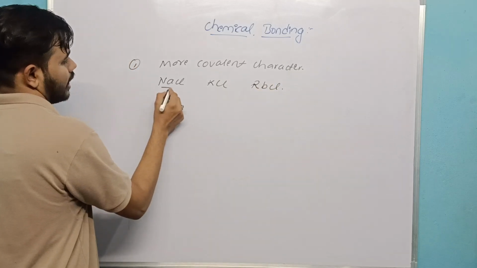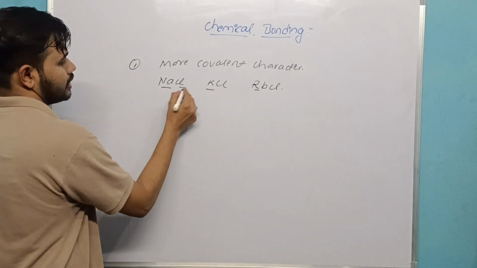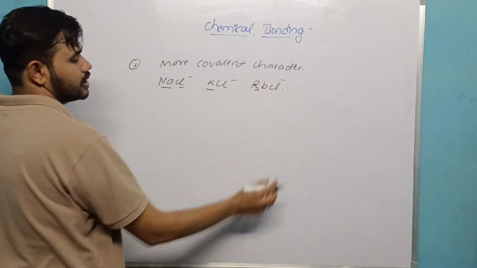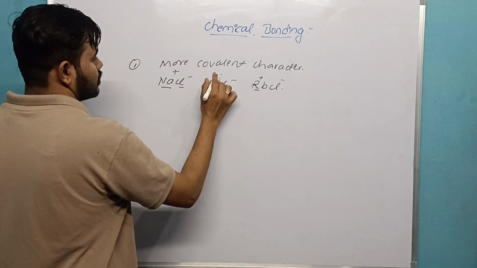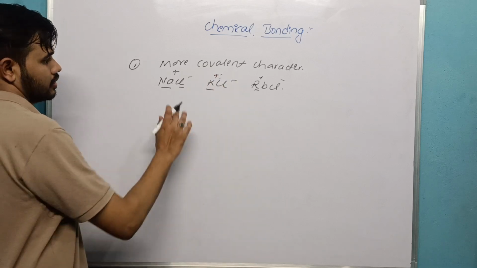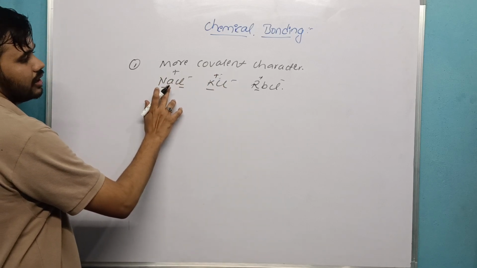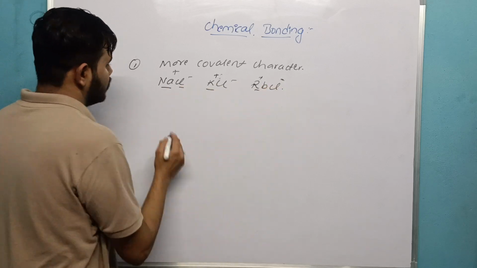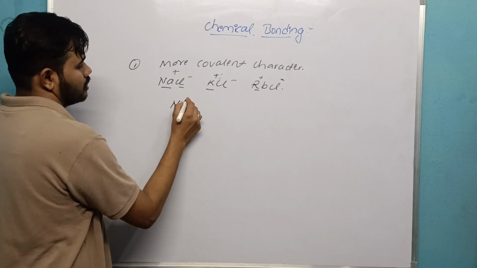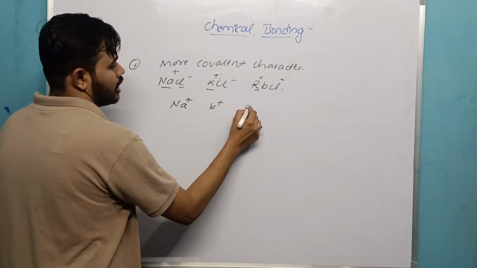Here cation is different, but anion is the same: Cl minus, Cl minus, Cl minus. See here, Na plus, K plus, Rb plus.